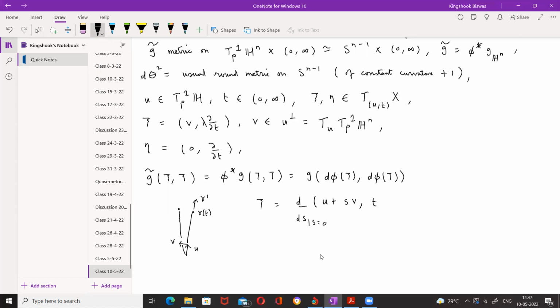So t plus lambda s. Actually, let me get rid of this lambda for the moment. So let me take a 0 here. So then this is just t.